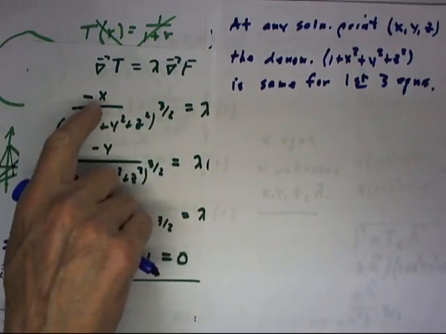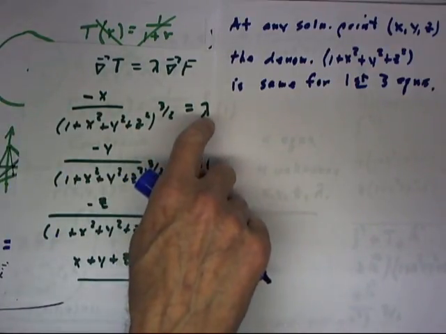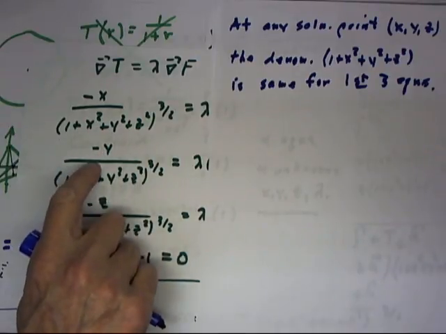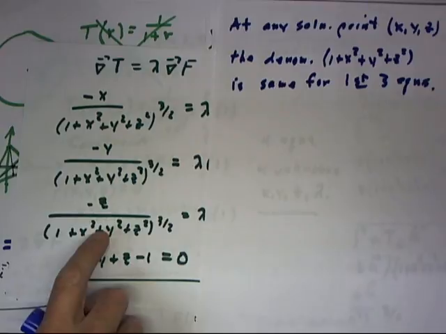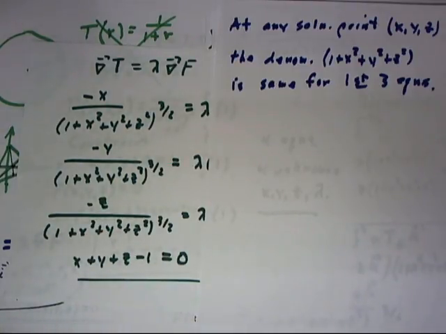Now, this means that negative x is lambda times that denominator, negative y is lambda times that denominator, negative z is lambda times that same denominator.